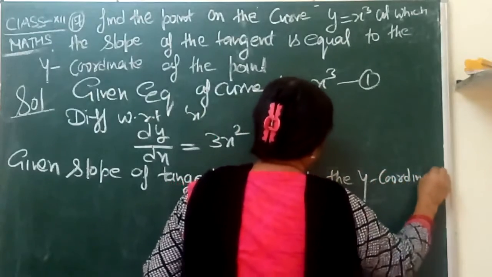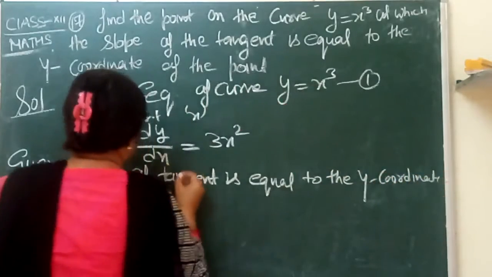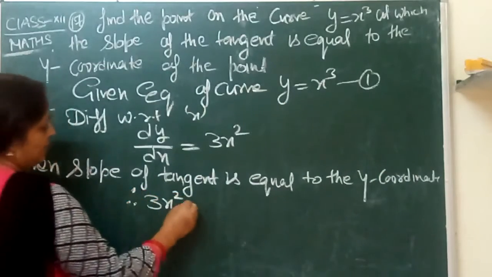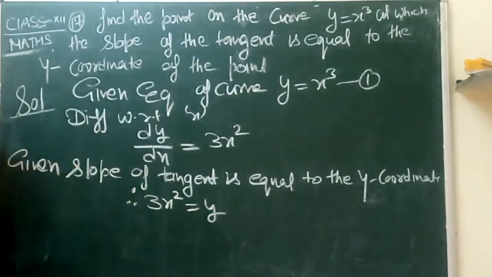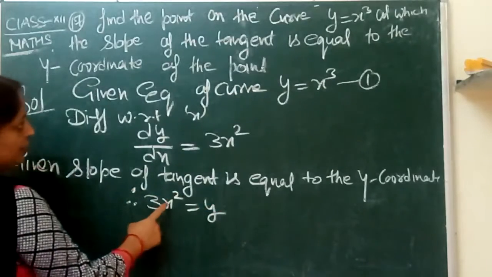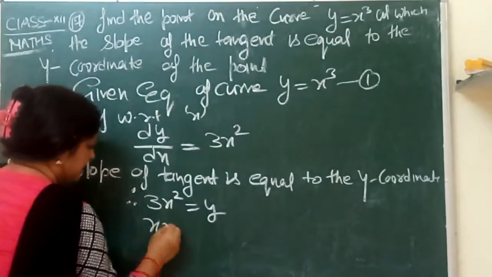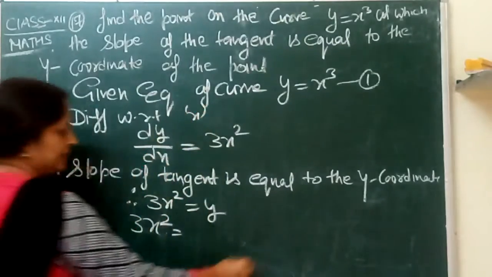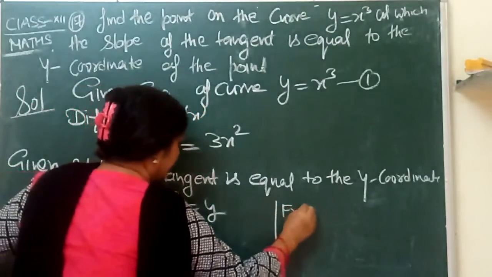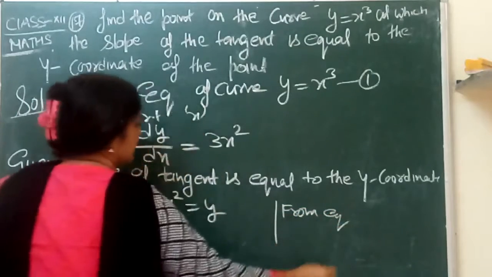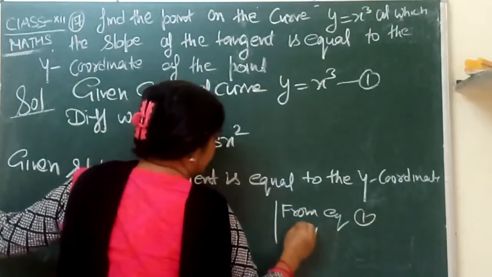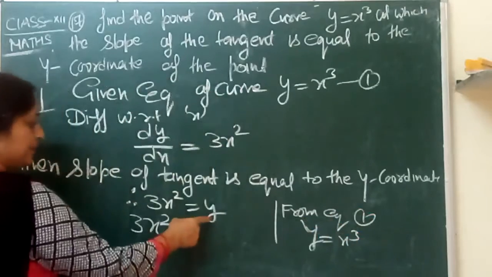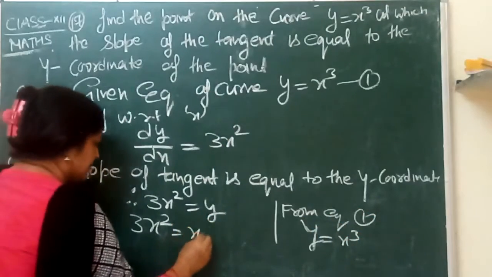It means therefore 3x square is equal to y coordinate according to the question. Now in 3x square, you know what is the value of y here from equation 1? From equation 1 the value of y is x cube. Y is equal to x cube. So we can put here in the place of y, x cube.